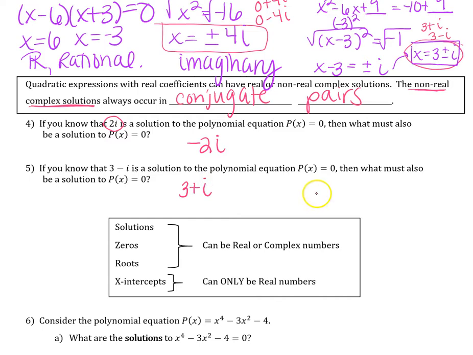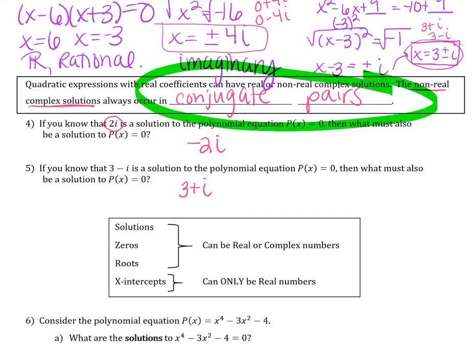So again, it's extremely important that you guys know this fact. Sometimes I'll ask students, is it possible for a function to have 5 imaginary solutions? It is not possible for a function to have 5 imaginary solutions because every imaginary solution has to have a pair. I could have 2, 4, 6, or 8 imaginary solutions, but I can never have an odd number because they come in pairs.